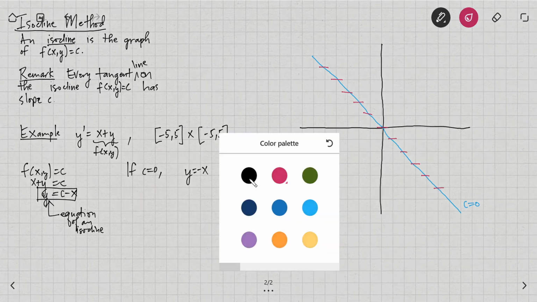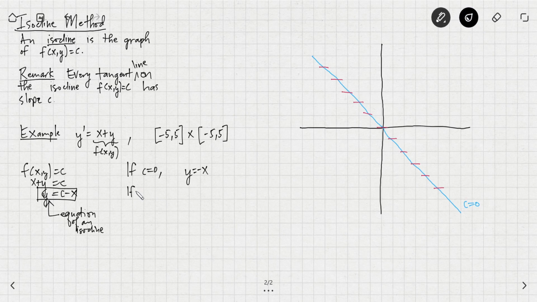Now, let's try another value of c. So, if c, let's say c equals 2, then you will get y is equal to c minus x, 2 minus x rather. Okay, so ano nga itong isocline na to? It's the line. So, gaya nung first line natin, the slope is equal to negative 1. Nagbago lang yung y-intercept. In this case, naging 2 na siya. And in general, yung graph nitong y equals c minus x is the line with slope negative 1 and y-intercept equal to c.